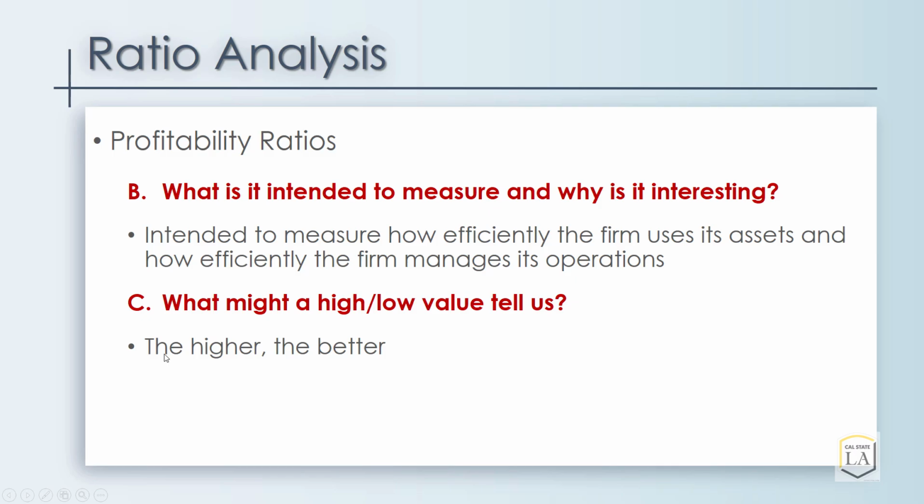So as the name suggests, it's trying to measure the profitability of the firm, how efficiently the firm is using the assets, and how efficiently the firm would be managing its operations. So in a sense, it's trying to measure the operational efficiency. And obviously, the higher the ratio, the better the firm's financial status, and also the better the firm's operational efficiency.